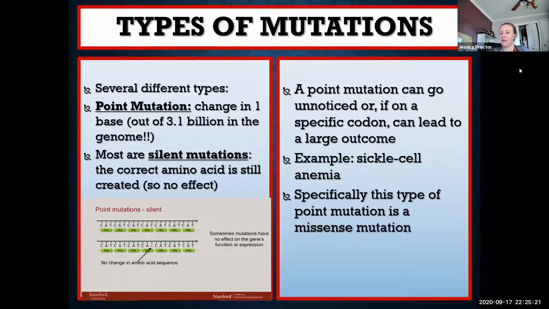An example of a point mutation is on chromosome 15, where a point mutation creates an allele that codes for sickle cell anemia. Sickle cell anemia is a disorder that affects your red blood cells. If you get this mutation in the homozygous recessive condition, so if you inherit that mutation from both your mom and your dad, that's the SS genotype for sickle cell, then you do in fact have sickle cell anemia, which is a deadly disorder without medical intervention.